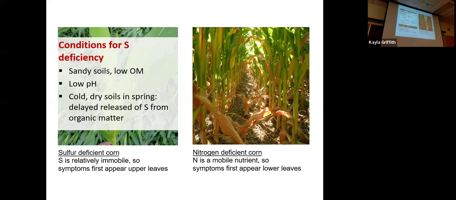Low pH increases the solubility of sulfate, so it can move a lot more from the mineral or organic matter. And cold, dry soils in the spring can delay the release of sulfur from organic matter.